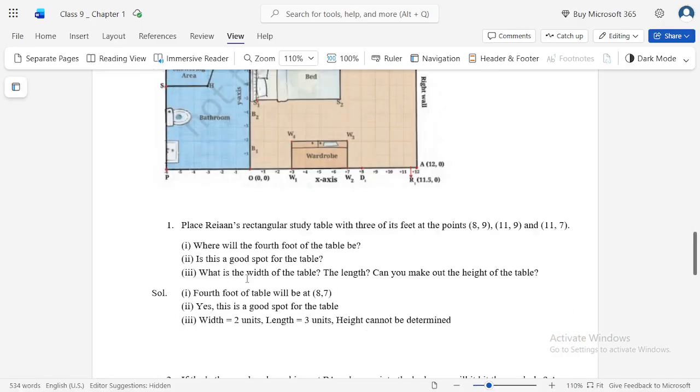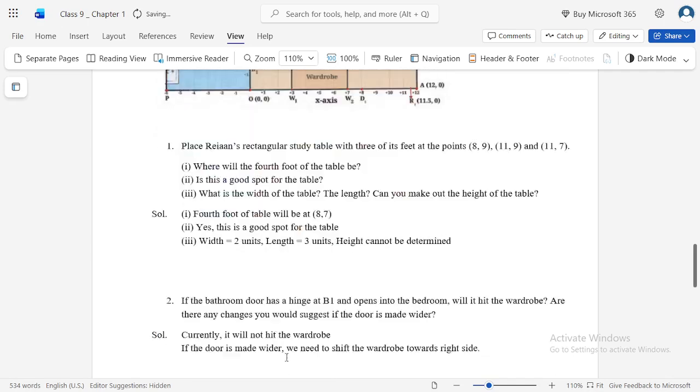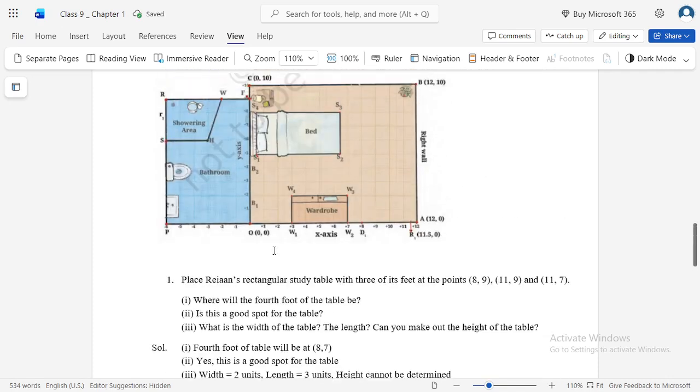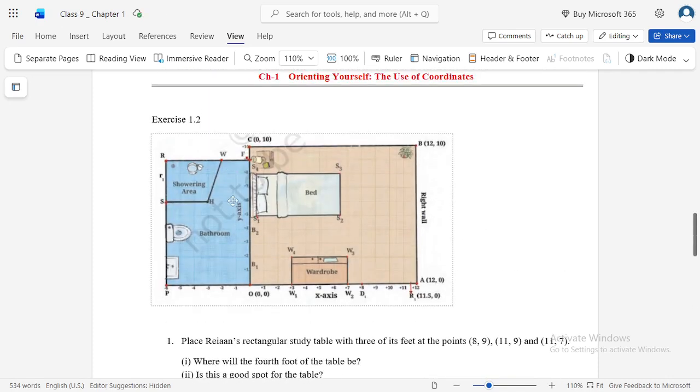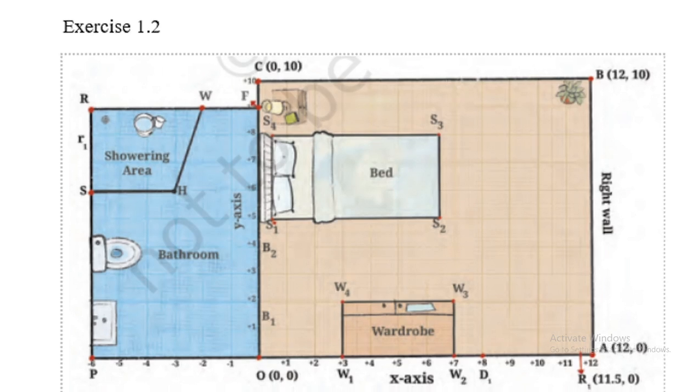Let's write it down. This is minus 6 comma 6. H was minus 3 comma 6. Let's see W and R. Let me zoom in. W is at minus 2 comma 9 and R is at minus 6 comma 9.